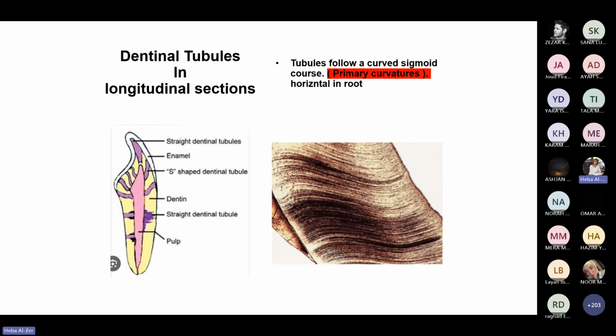So the tubules are not walking in a straight line, at least not in the crown. They take an S shape. It's called the primary curvature, the primary curvature of dentinal tubules. Remember this very well.